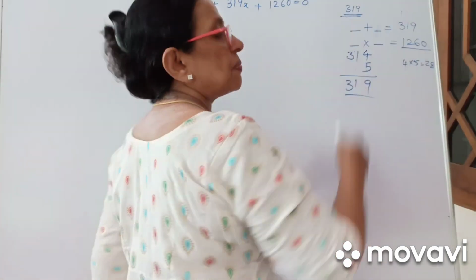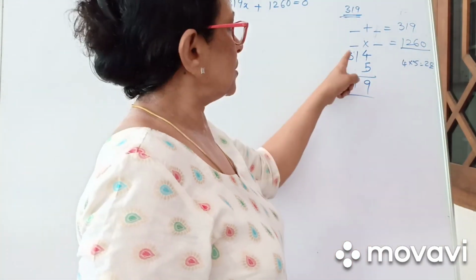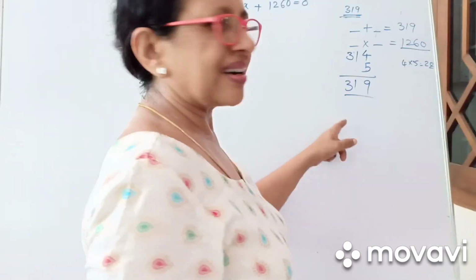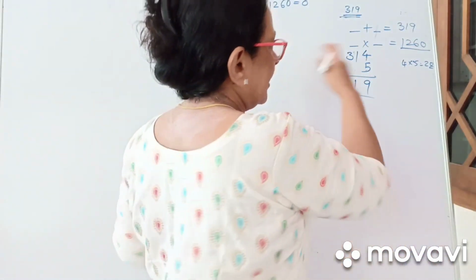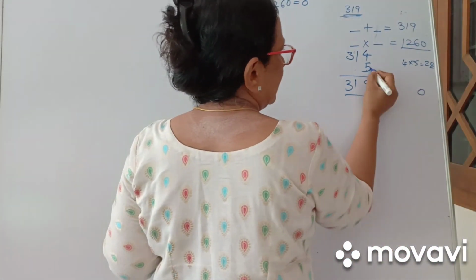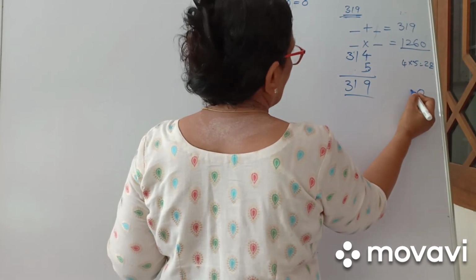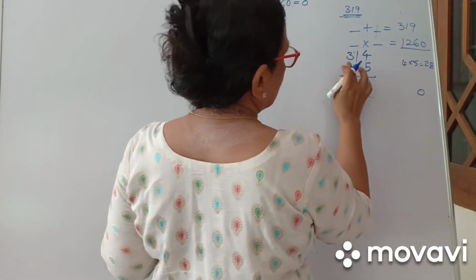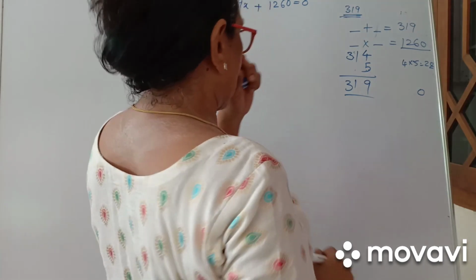It is difficult to split 31 over here. Let's multiply and see. 5 4s are 20, 5 5s are... 314. Okay, it's not coming.